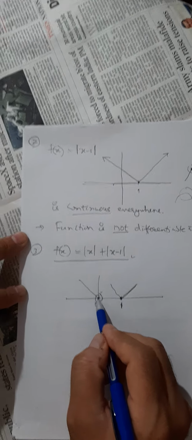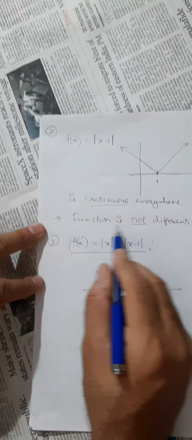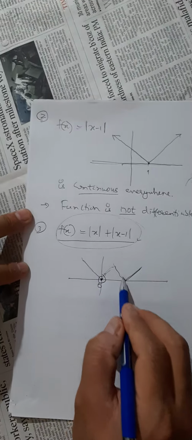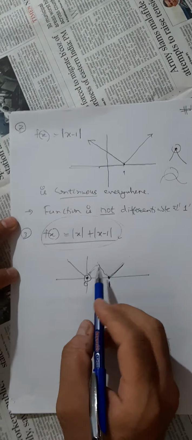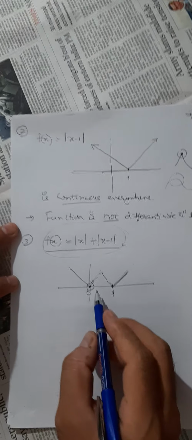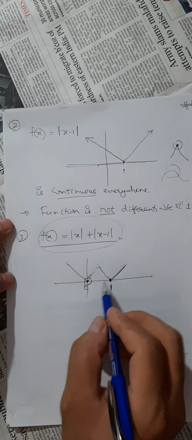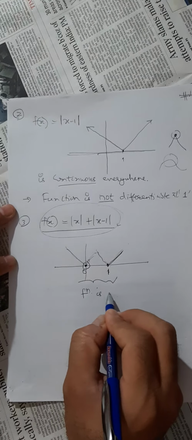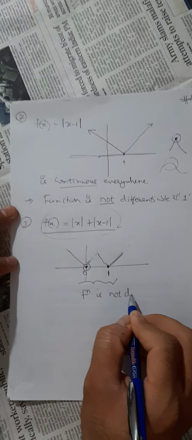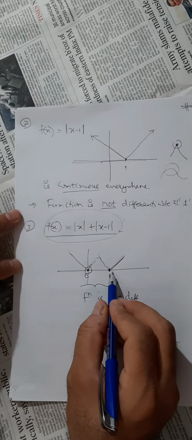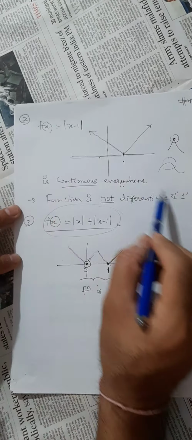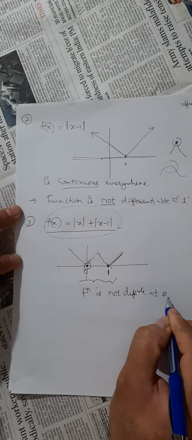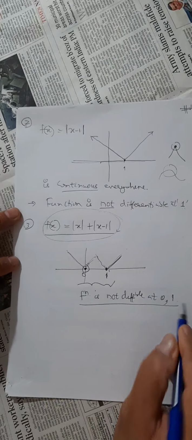The function is continuous, without a break you can draw the graph, but there will be two corners at 0 and 1. So here the function is not differentiable. Not differentiable means the derivative doesn't exist, at 0 and 1 both, remember.